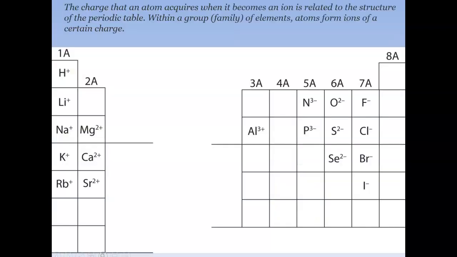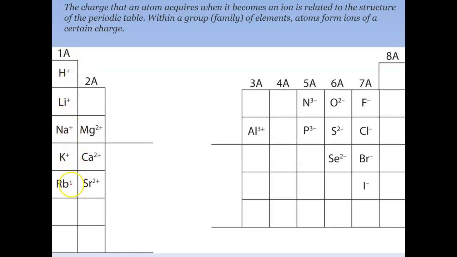So, you need to predict what the charge of ions will be. The periodic table will help us with that too. If we are talking about positively charged ions, cations, usually their charge is exactly the number of the group where the atom is located, like group 1A.